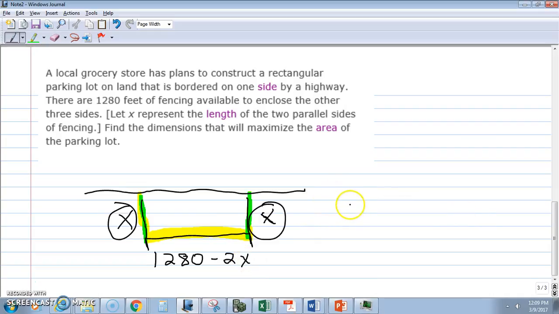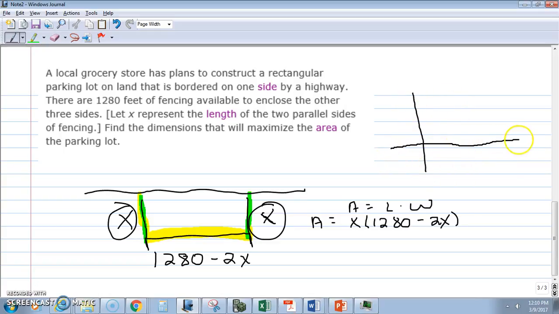So if our area of a rectangle is the length times the width, then our area here is going to be x, our length, times our width, which is 1,280 minus 2x. Okay? And if we're trying to find the maximum, this is going to give us a quadratic.